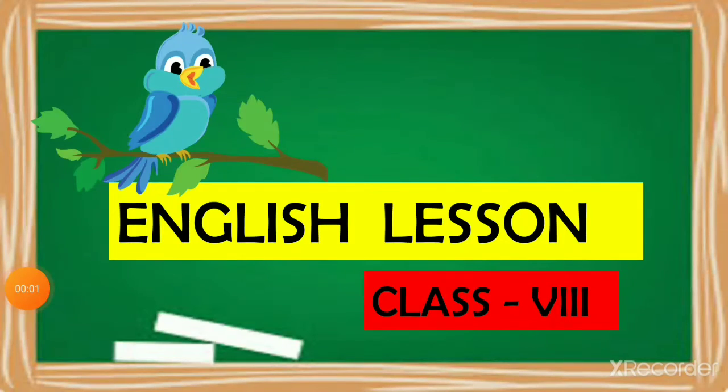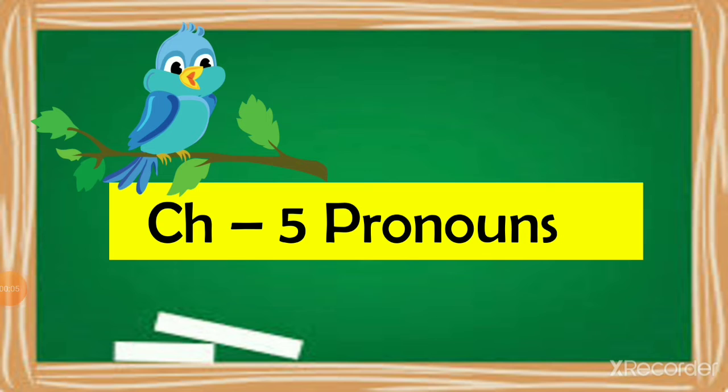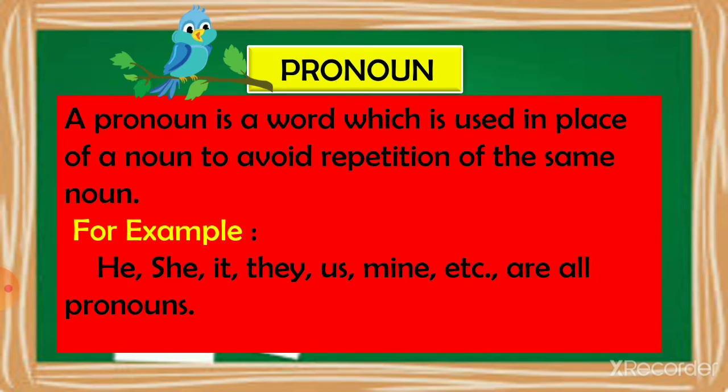Good morning, class 8th. Today we are going to discuss chapter 5, Pronouns. So, let us recall what is a pronoun. A pronoun is a word which is used in place of a noun to avoid repetition of the same noun, right?